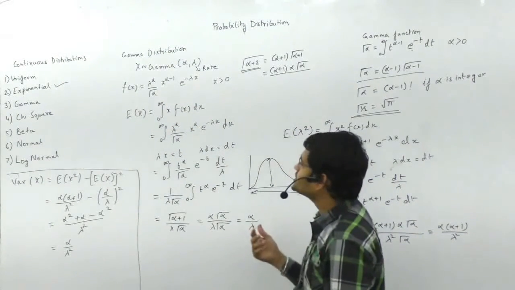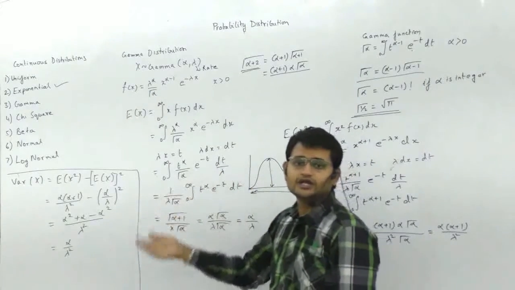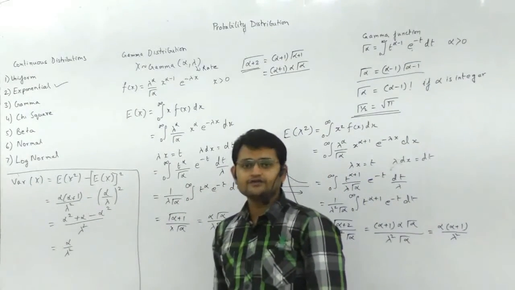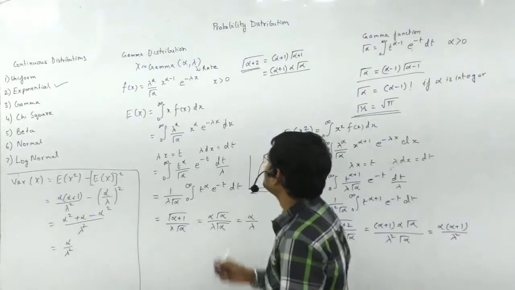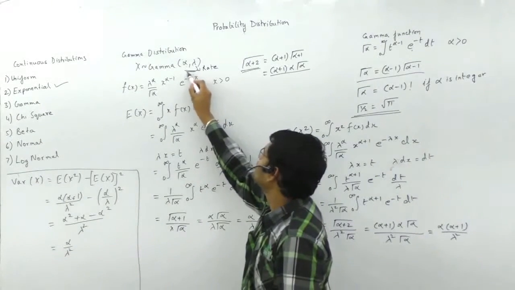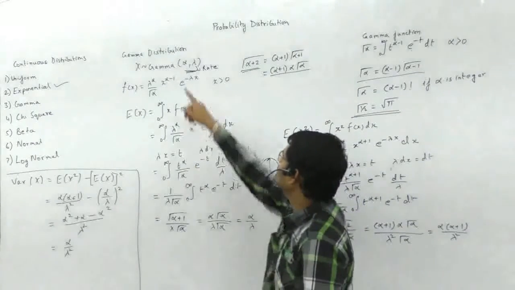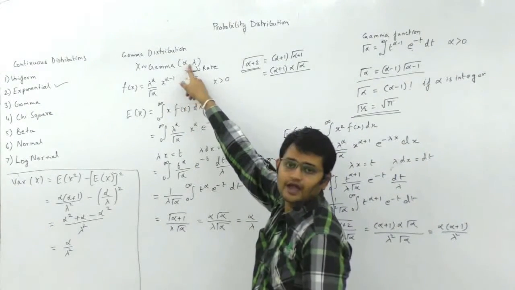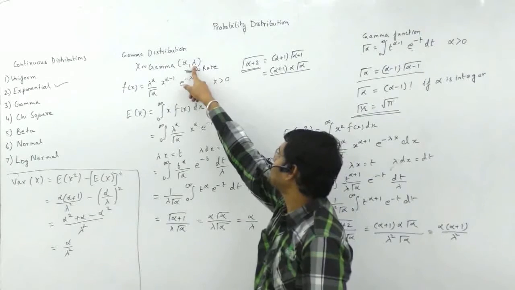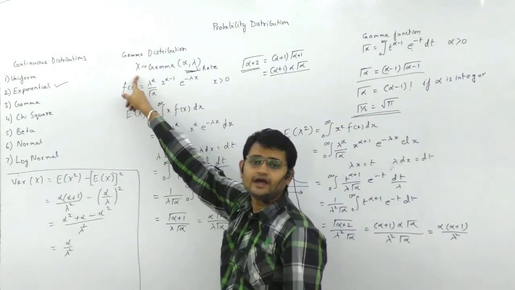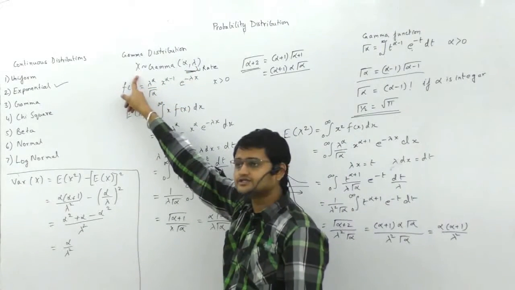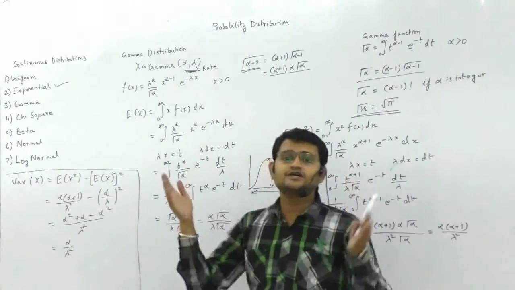So what we do is we basically make it into tables. Now unfortunately, when we make tables, the problem with distributions where we have two parameters is that we have to change different values of alpha, and we'll have to change different values of lambda, and also we'll have to find that for different values of x. So basically we have three things that are varying.